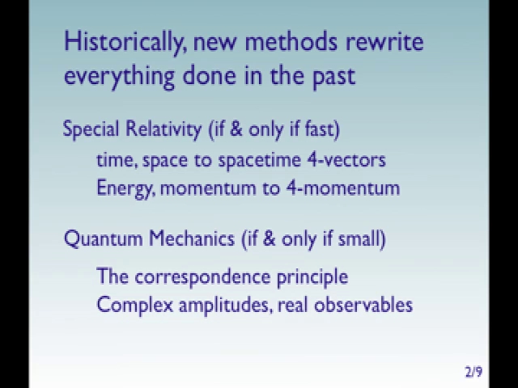But although you could rewrite every equation so that it works with special relativity, what physicists do in practice is say, if and only if things are really going fast, am I going to bother with special relativity? And for quantum mechanics, they say, if and only if those things are really small, am I going to bother with quantum mechanics? Otherwise, they just won't bother.